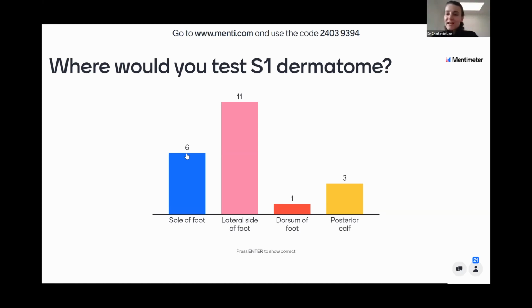I think I'm running out of time a bit, so I'll give the correct answer: the lateral side of the foot. The S1 dermatome does extend from the lateral side of the foot and some of the sole of the foot and up the back of the calf, so it's a bit of a tricky question. But you test it at the most reliable area that it innervates, which is the lateral side of the foot. So that's where you would test it.